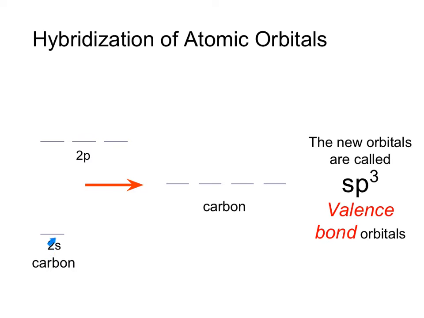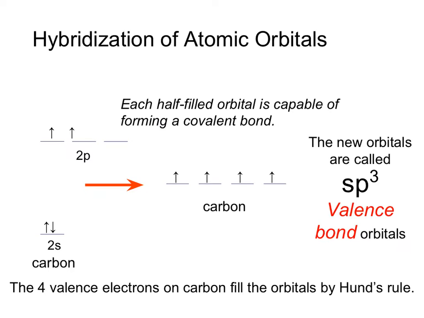Our s orbital and our 3 different p orbitals now mix together to create 4 sp3 hybrid orbitals. Our electrons that we had in our s and our p orbitals, our 4 valence electrons, are then able to populate those 4 different sp3 orbitals, one in each orbital.